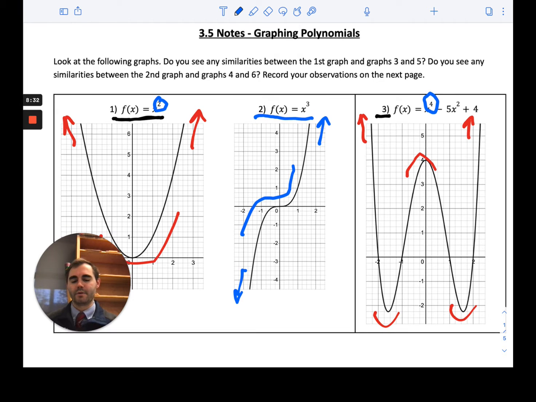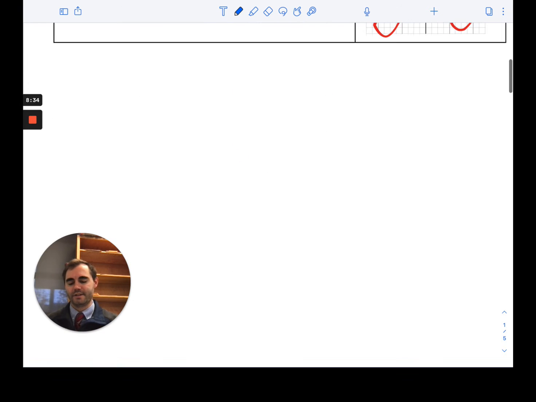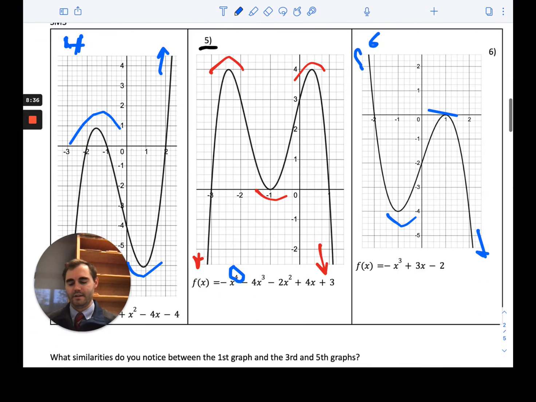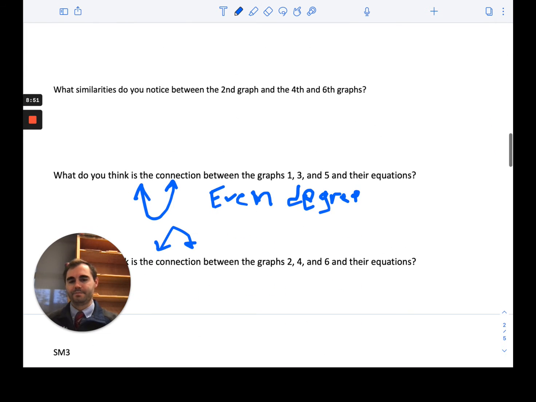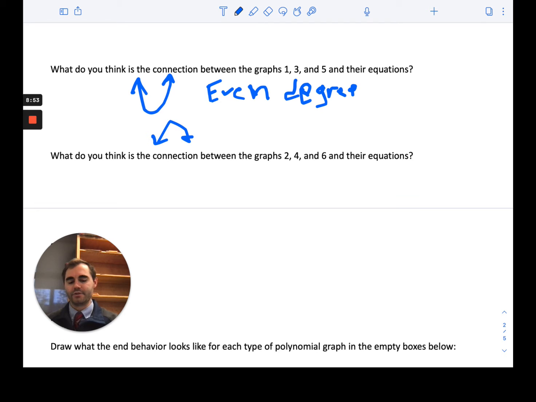It's an odd number. So let's see if our other equations have a similar situation here. If we go down to 4 and 6, in fact, yeah, our degree on those other 2 graphs is a degree 3. And so that means that it's also an odd power, an odd degree number.